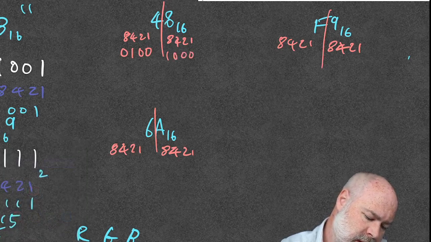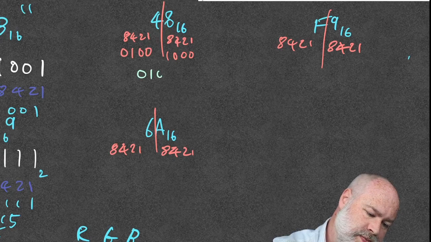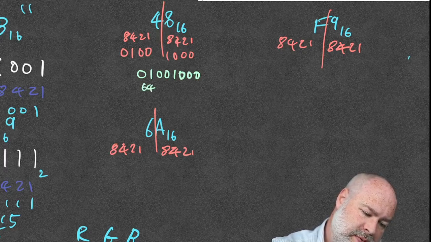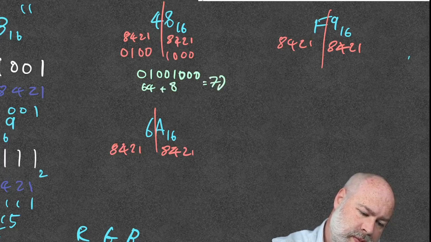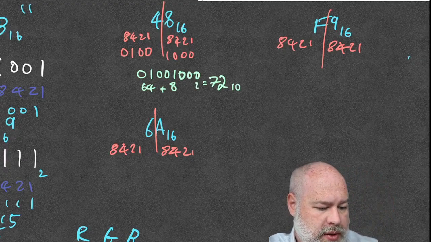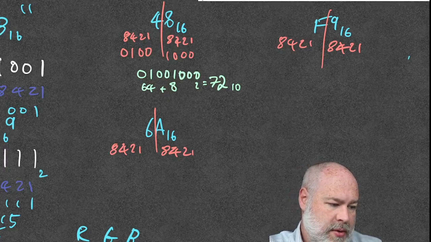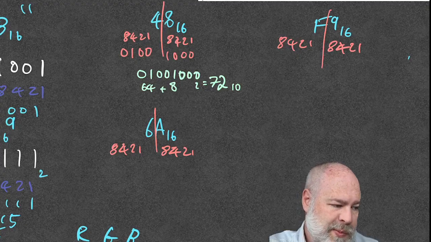And then you can combine them back into one long binary number, which should be 64 plus 8, which would be our 72. So in base 2, 0, 1, 0, 0, 1, 0, 0, 0. And in decimal, it's 72.